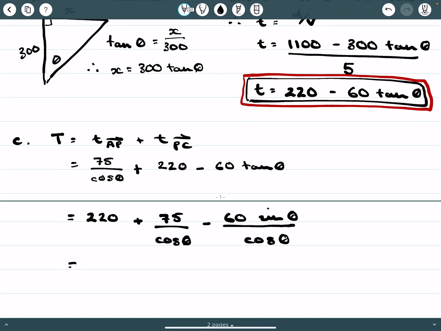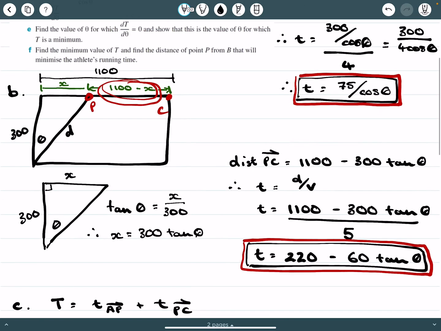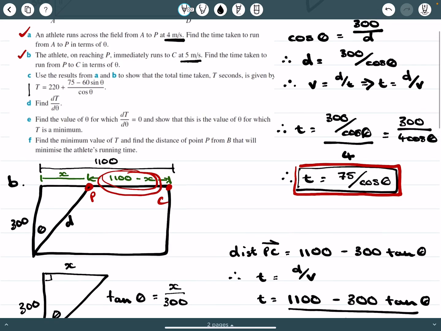This allows me then to combine the terms, and I get 75 minus 60 sine theta all on cos theta. And I believe that's what they were looking for us to show, and that's been shown.